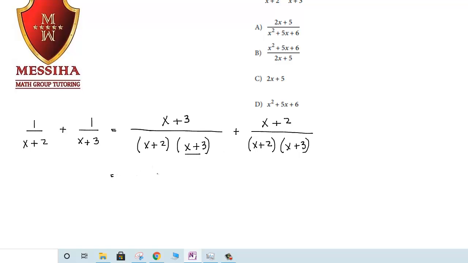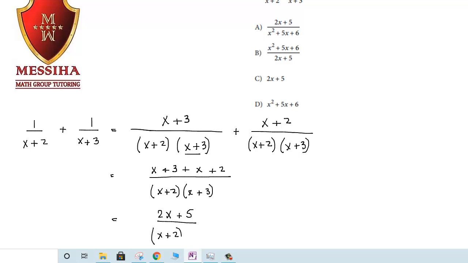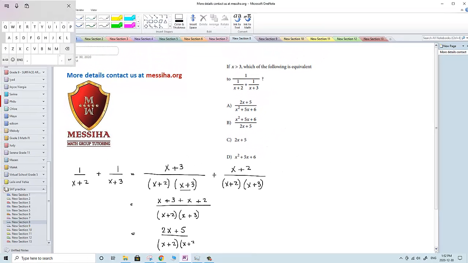Therefore, now I can say that (x plus 3) plus (x plus 2) over (x plus 2) times (x plus 3). Now if I combine the like terms, x plus x gives me 2x, and 3 and 2 give me 5, over x plus 2 times x plus 3.